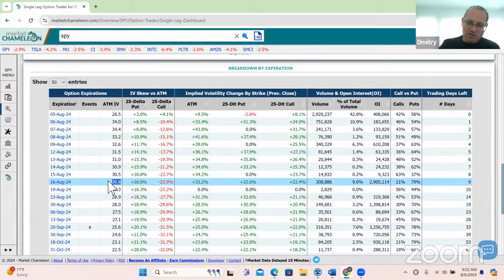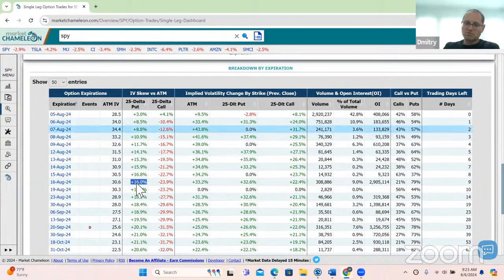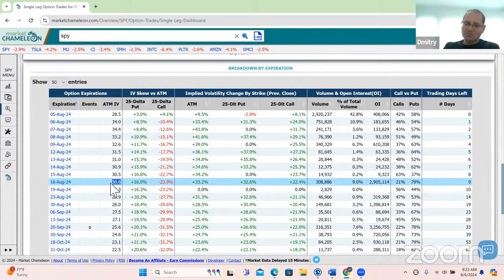If we use this at-the-money implied volatility, 30.6, and assume it was 30.6 on every strike, and then we find the 25 delta put and ask, is it 30.6 or is it different, and if it's different, how much is it different by? Here, this is saying that the 25 delta put IV is 16% higher than the at-the-money IV.